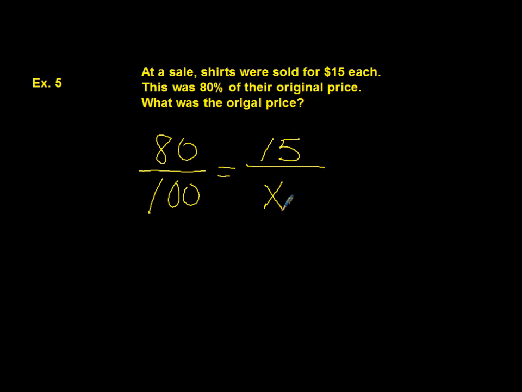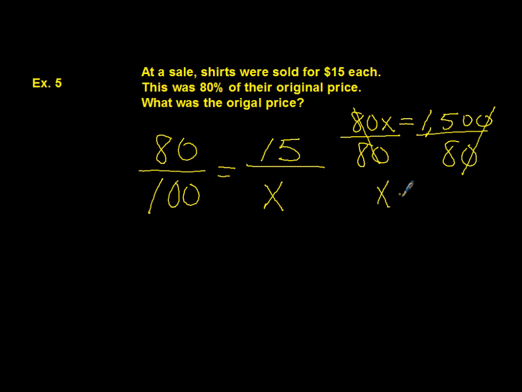So we'll do some cross multiplying again. We end up with 80x equals 1,500. And then we can start isolating the variable. And take off a 0 there. This side we end up with x. I'll do my math over here. 8 goes into 15 once. 8 goes into 70 8 times.